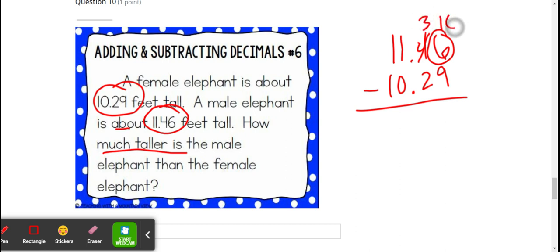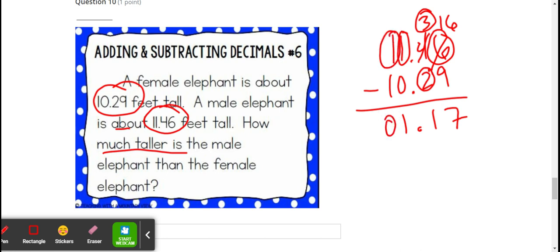So we're going to borrow 10 from the place value next door. So now we have enough. 16 minus 9 is going to be 7. We have 3 and we're taking away 2. We can do that. We're left with 1. 1 take away nothing is 1, and then 1 subtract 1 is 0. So you're going to get left with 1.17.